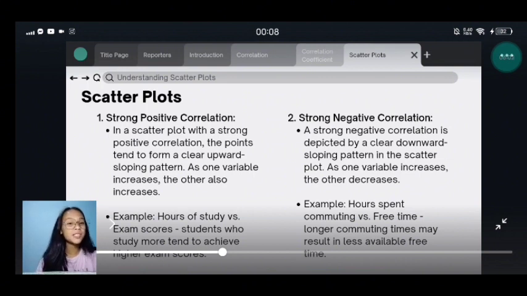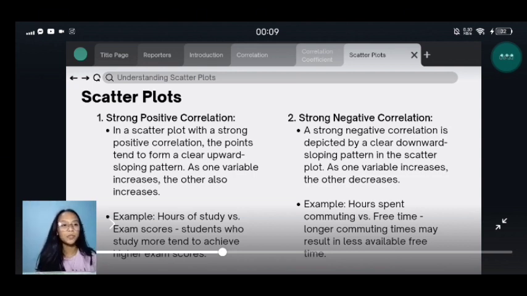As one variable increases, the other also increases. Upward means increasing. These are the keywords we should remember: positive, upward.